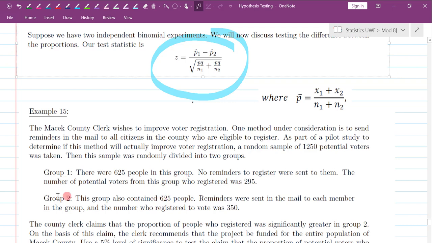For group 1, no reminders to register were sent, and the number of potential voters from this group who registered was 295. Group 2 had reminders sent in the mail, and the number who registered was 350. So 55 more people.